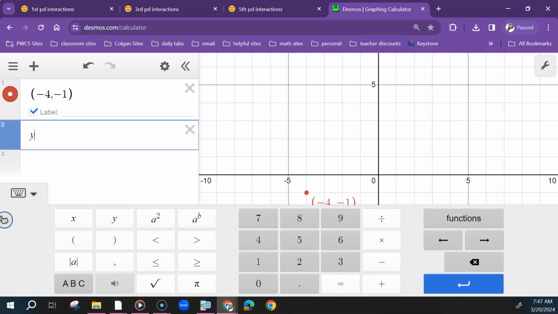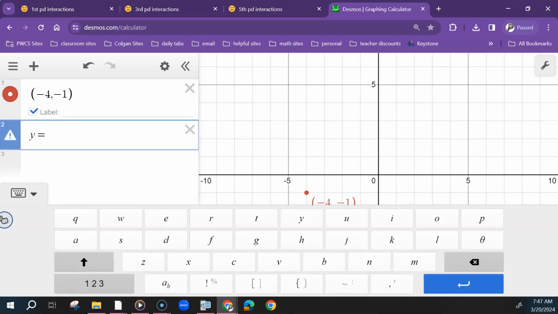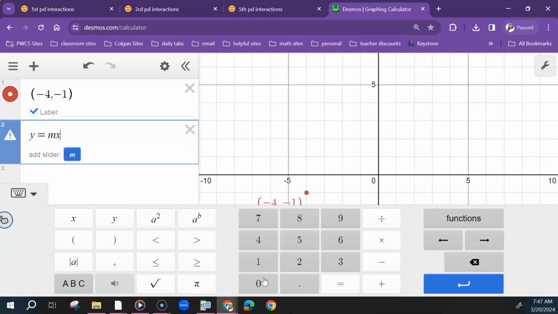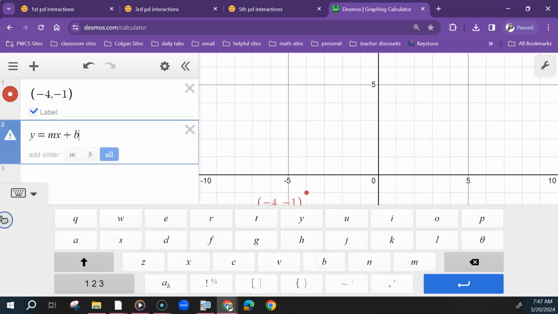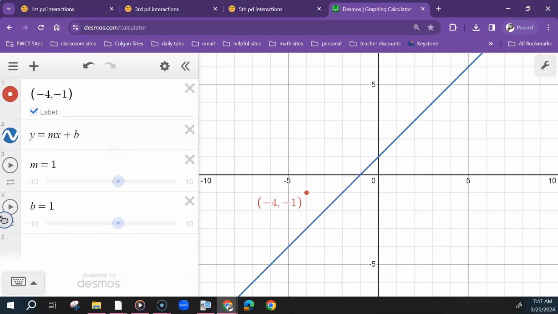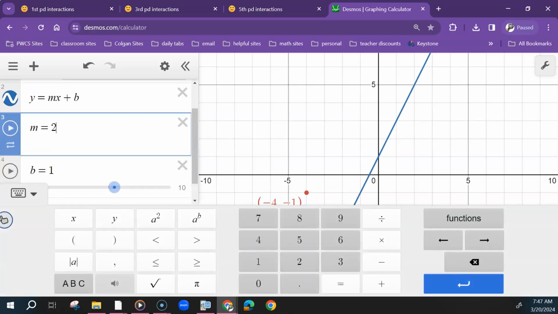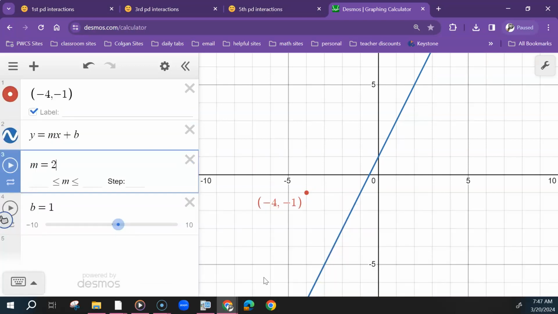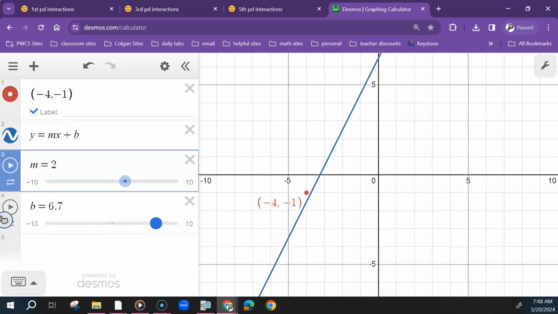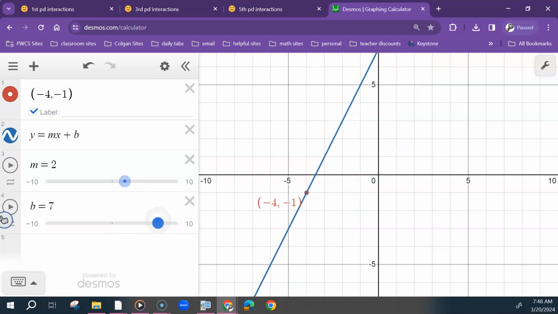Type in your y equals mx plus b. Add in all your sliders. Change your m to be 2. And then move your b until it goes to that point, which would be at 7. So whether you use the graph or use Desmos, make sure you write: use graph, use Desmos. Or if you did it algebraically, that's fine.